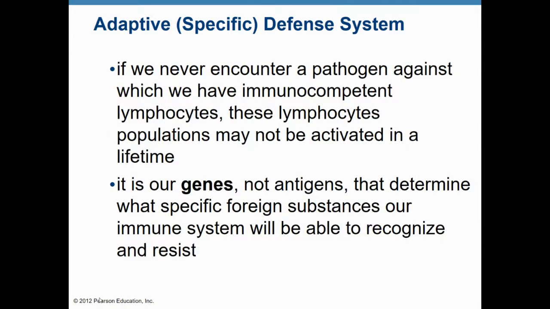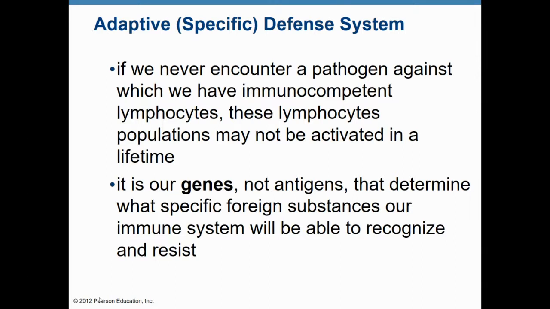If we never encounter the pathogen against which we are immunocompetent, the lymphocyte populations may never be activated. So there's a good chance that a certain percentage of us are actually carrying B and T cells that make us immune to Ebola, right?